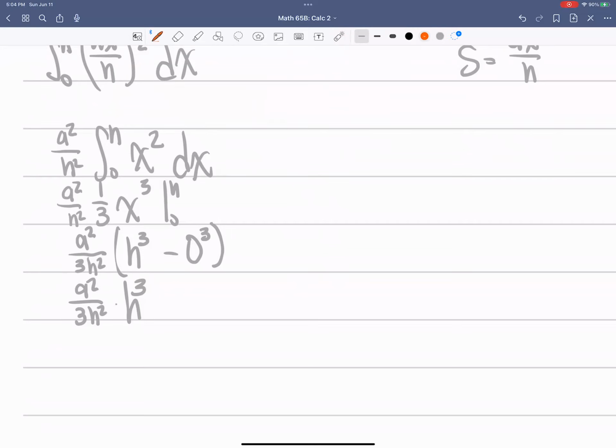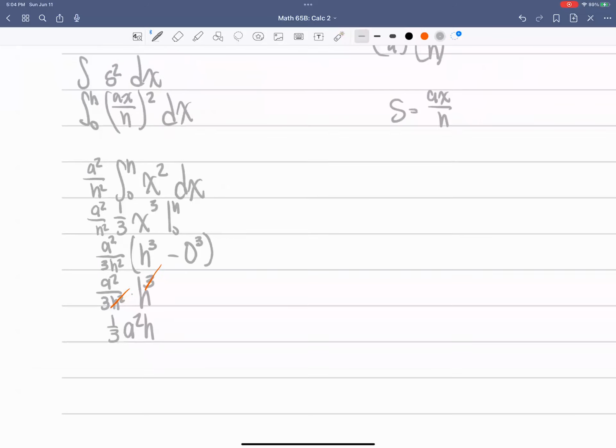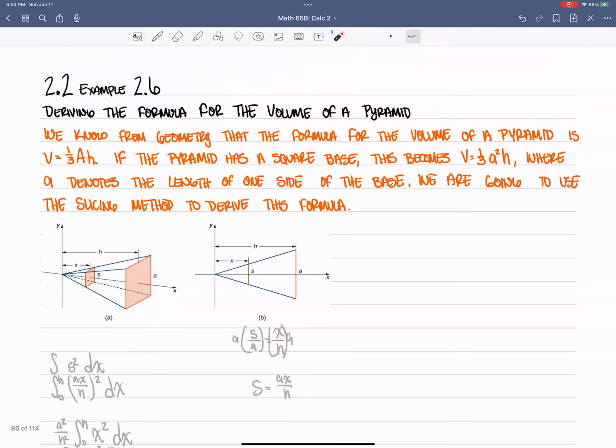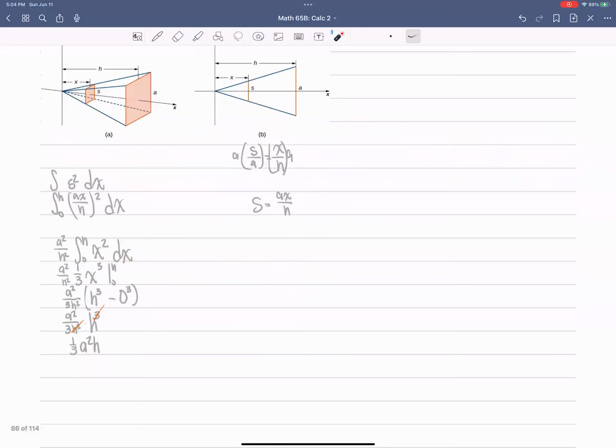And h squared divides out with two of those h's, so we're left with 1/3 a squared h. Which is exactly what they mentioned in the very beginning. We know the geometry of a pyramid volume is 1/3 A h, but for a square pyramid, we have this one right here. So we just solved parts of geometry.